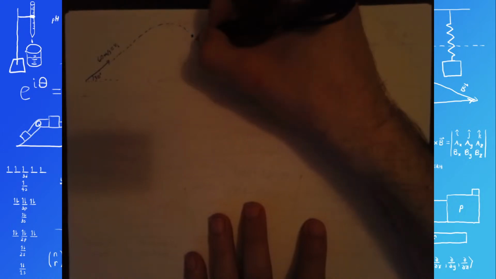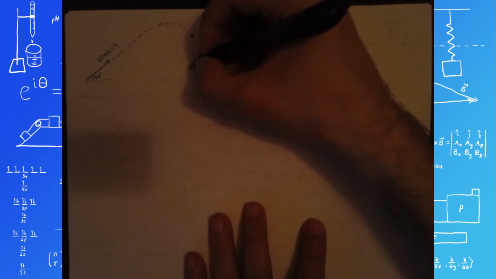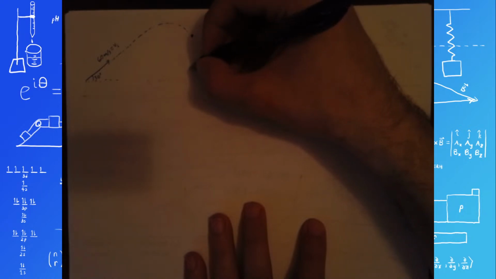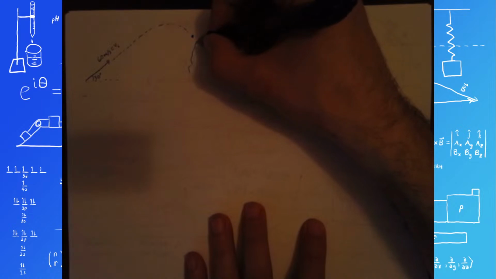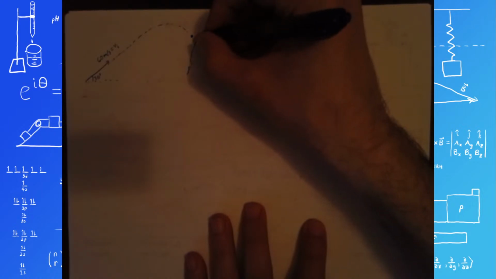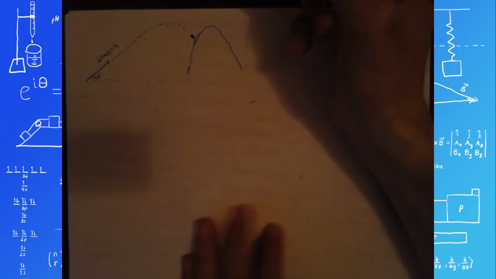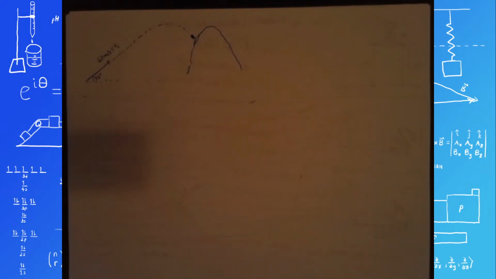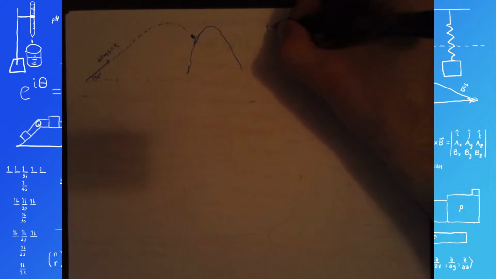Okay, so like somewhere here, I guess, would be when it lands on a hillside. And I guess I'll draw my hill like this. Okay. 60 meters per second, 30 degrees above horizontal. Time is 4 seconds.